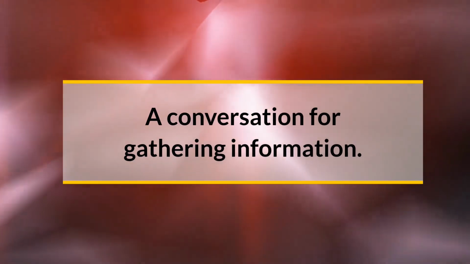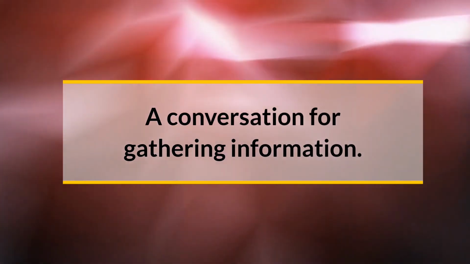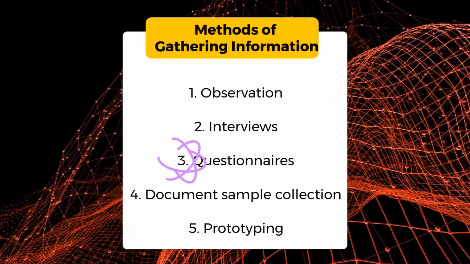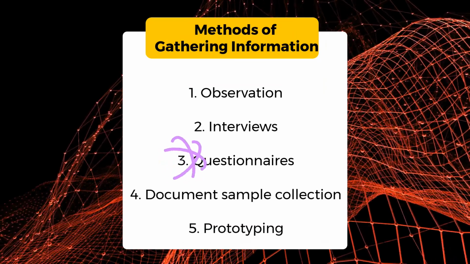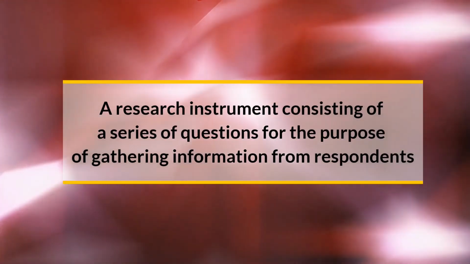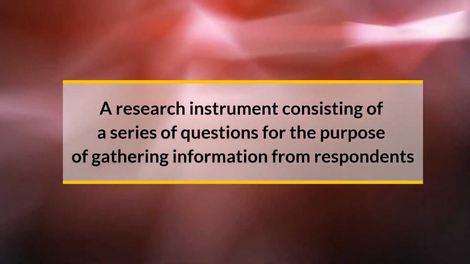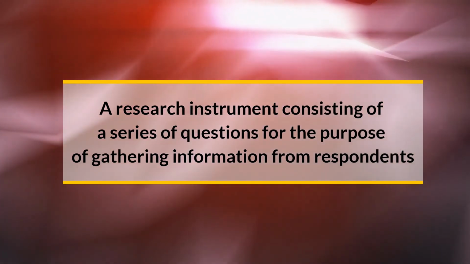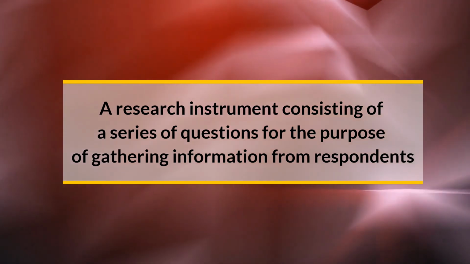That is a conversation for gathering information. Third method is questionnaires. That is a research instrument consisting of a series of questions for the purpose of gathering information from respondents.